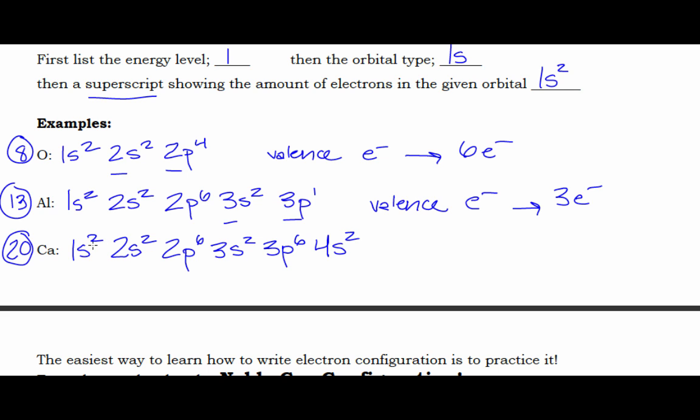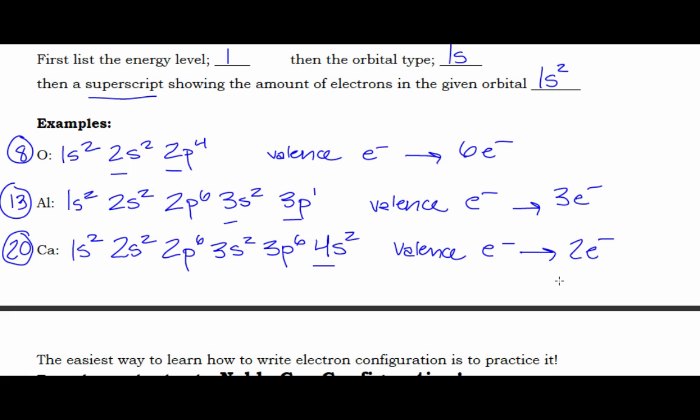So if you add all these numbers together at the top, they should add up to 20. So 2 plus 2 plus 6 is 10, 12, 18, 20. To figure out how many valence electrons it has, all you need to do is look at the highest energy level. In this case, it's just 4. He has 2 electrons, so he's got 2 valence electrons.